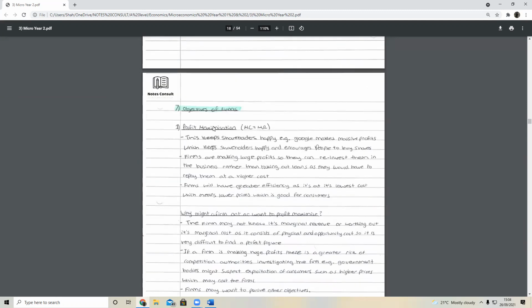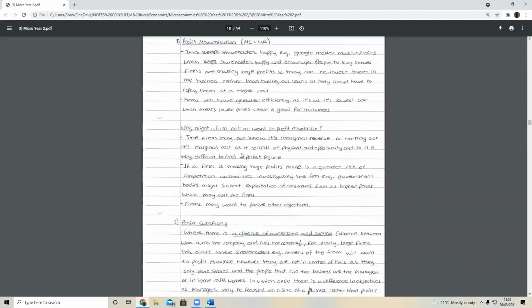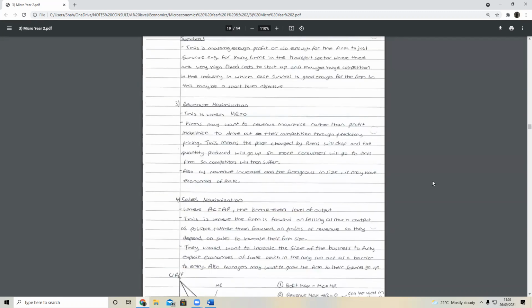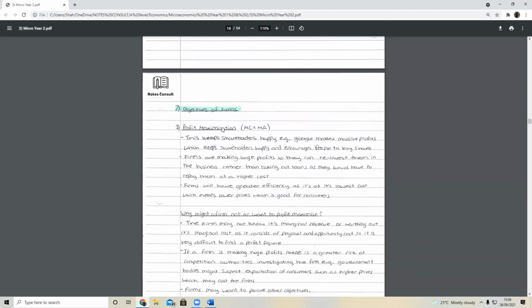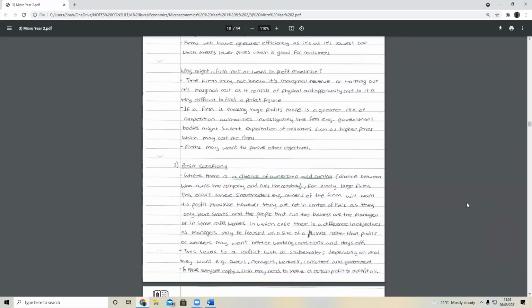They might have started with objectives of firms, profit maximisation and things like that. But I don't do that straight away, because I use the knowledge from previous topics to help with the knowledge for later ones. When I talk about objectives of firms, I'm going to relate it to the diagrams that you would already know by this stage.